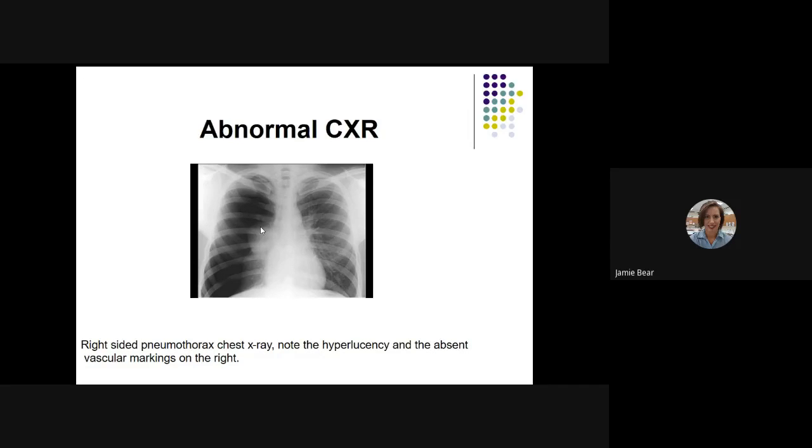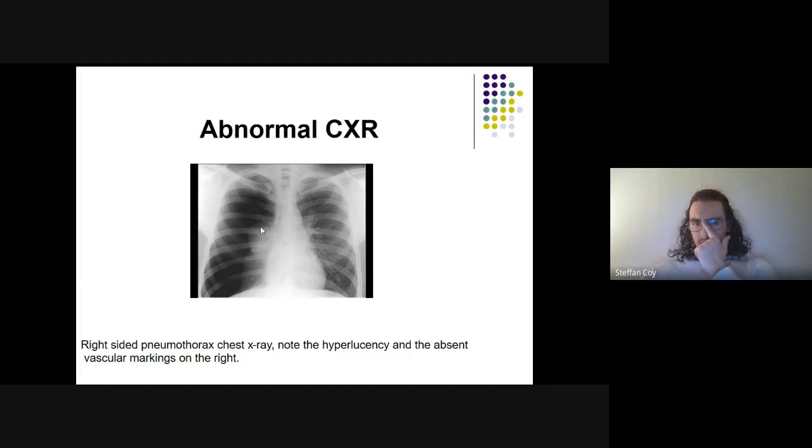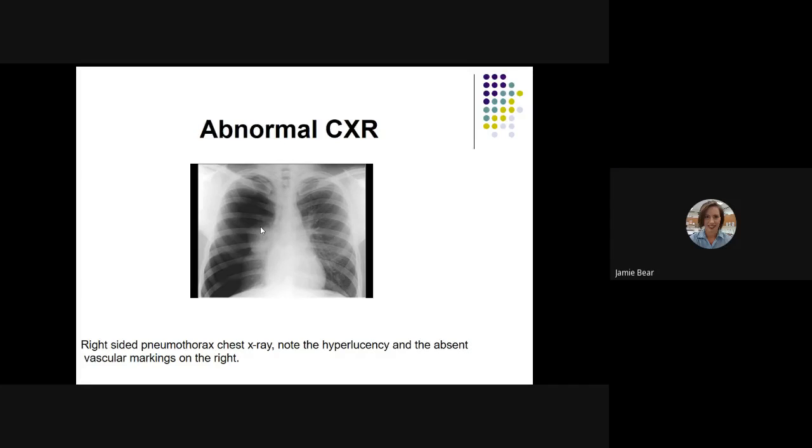Okay, what do you think the patient's clinical condition would show? Is that like a collapsed lung? Yes, this is definitely a collapsed lung. So this patient would, one, be in pain. Number two would be really hypoxemic. They would have dyspnea, meaning they would be having a hard time ventilating.